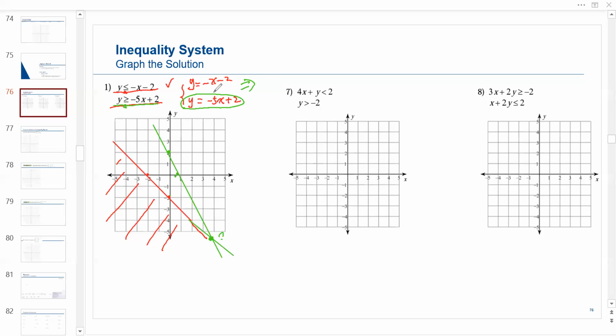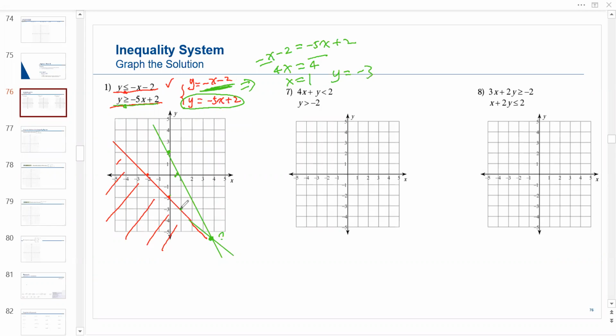Since this is a linear system, we can use the substitution method. So you get 4x equals 4, x equals 1, right? What about y? y equals -3. So the cross point is (1, -3).